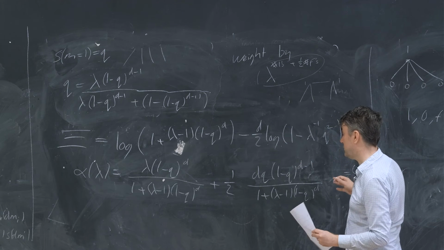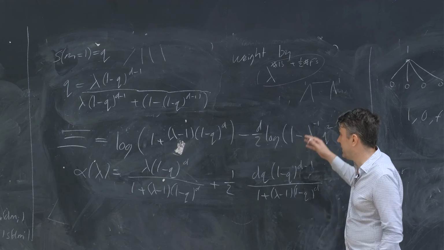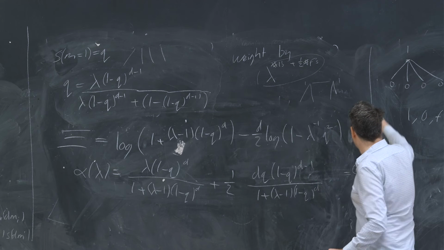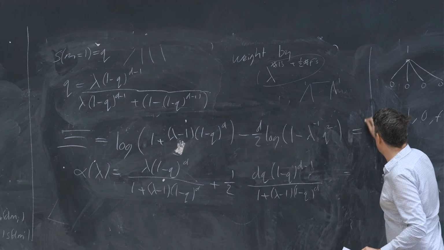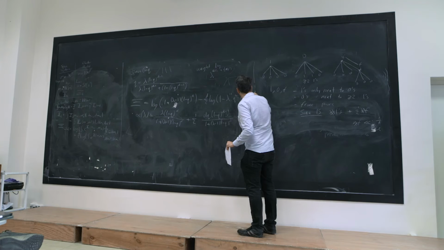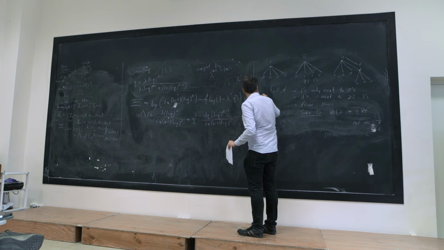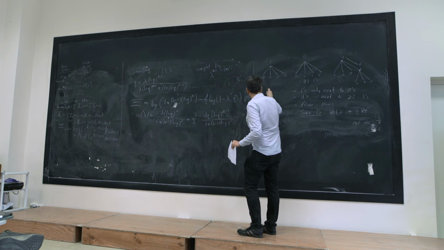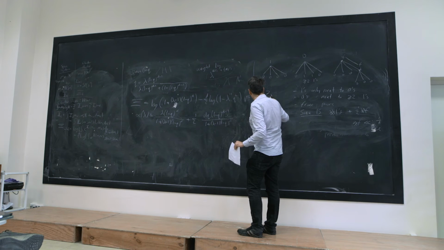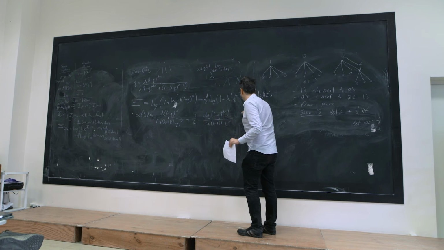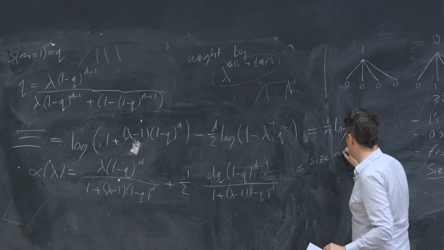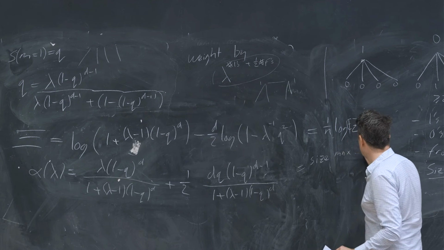And then for a fixed lambda, this one is 1 over n log of the expected value of z lambda. This one is the size of the maximal independent set.